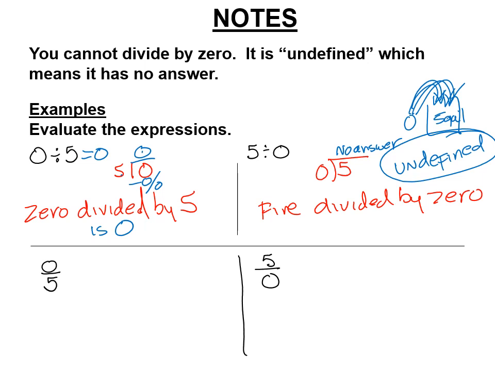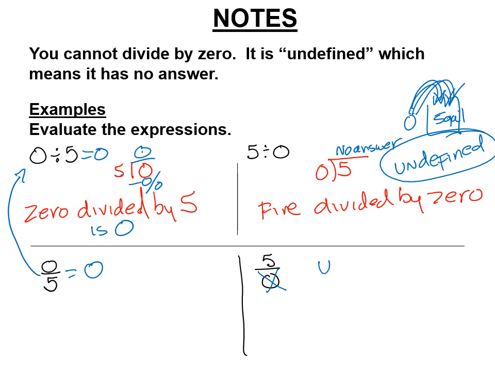So let's look at the bottom ones. We talked about how you can write division as fractions. This is the same as the top. This equals 0. If you've worked with fractions, 0/5 is 0. If you have 0 out of 5, it's 0. 0 divided by 5 is 0. But you are never in math allowed to have a 0 in the denominator, never.